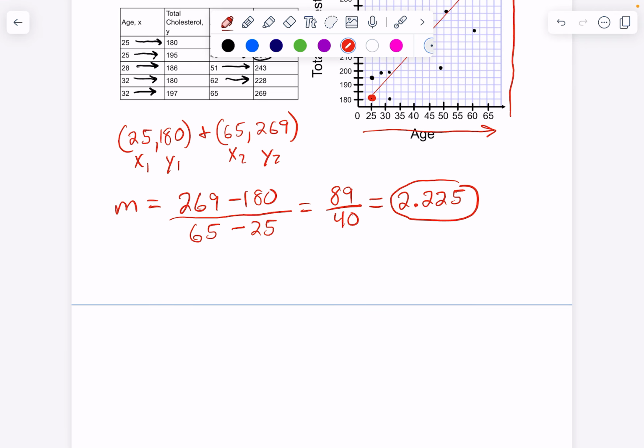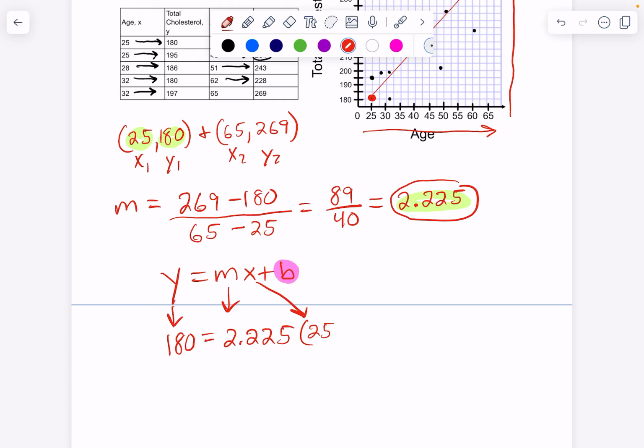Now, what do we do with that? If you remember, we have y equals mx plus b. And we have a lot of values here. We have an x, we have a y, and we have the m, the slope. So all we need to solve for is this b. And how do we do so? We plug in. So the y that we're going to use is 180. The slope that we calculated was 2.225. The x that we're going to use, and we chose to use, is 25. And we are solving for b.